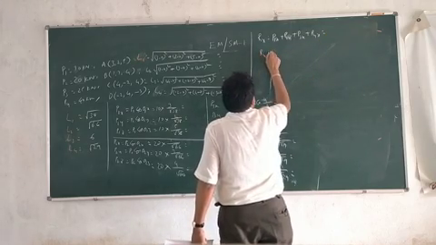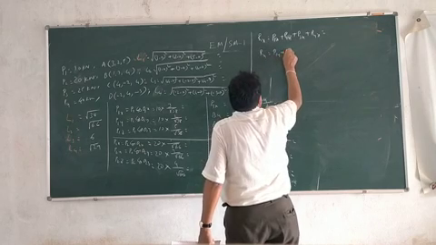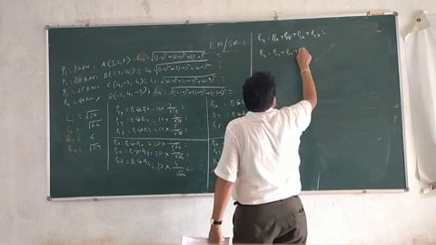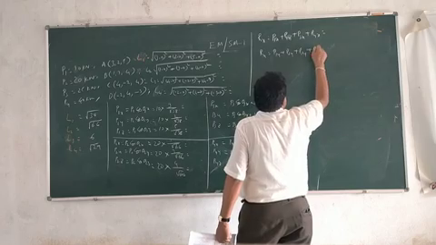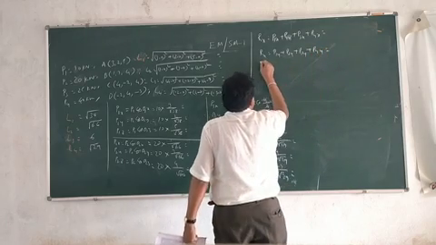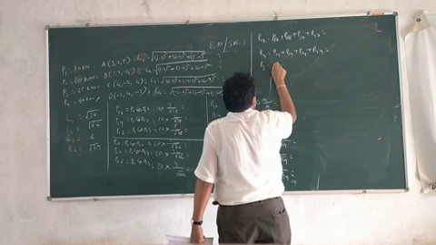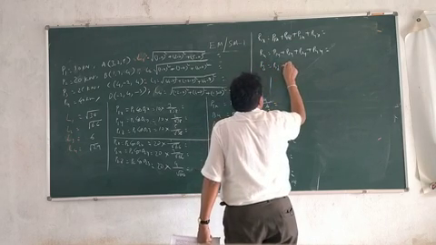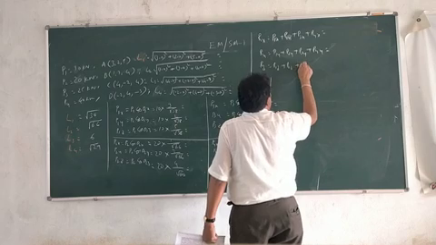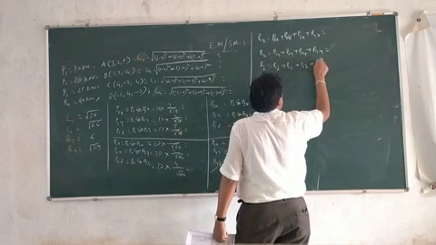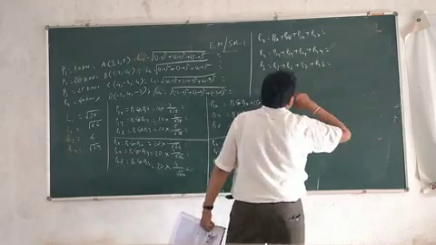Ry is P1y, P2y, P3y, P4y. Rz is P1z, P2z, P3z plus P4z.